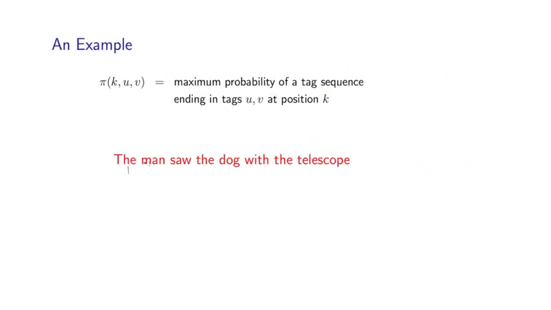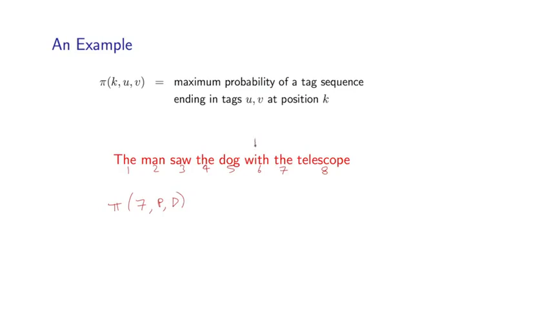So let's number these words: 1, 2, 3, 4, 5, 6, 7, 8. And let's say we consider the entry pi 7 of P and D. What does that correspond to intuitively?